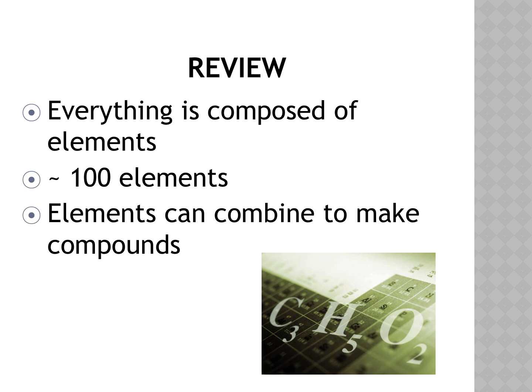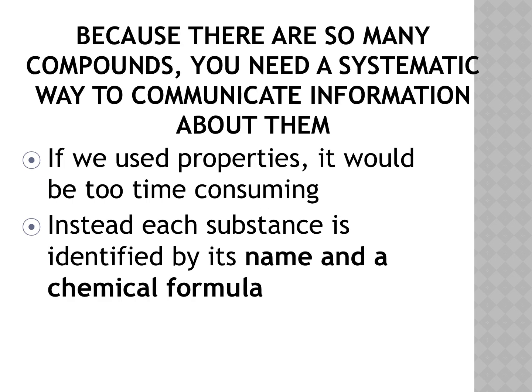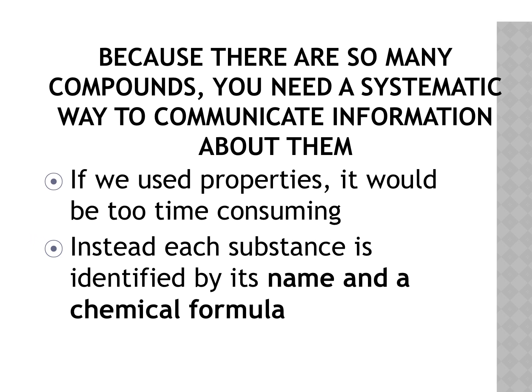So if we have thousands and thousands of compounds to keep track of, do we need a systematic way to keep track of them? We do. Originally scientists thought maybe we could identify them based off their properties, but a lot of them are silver metals or white powders, and the list would go on and on. So scientists came to the agreement that each substance is identified by its name and chemical formula.